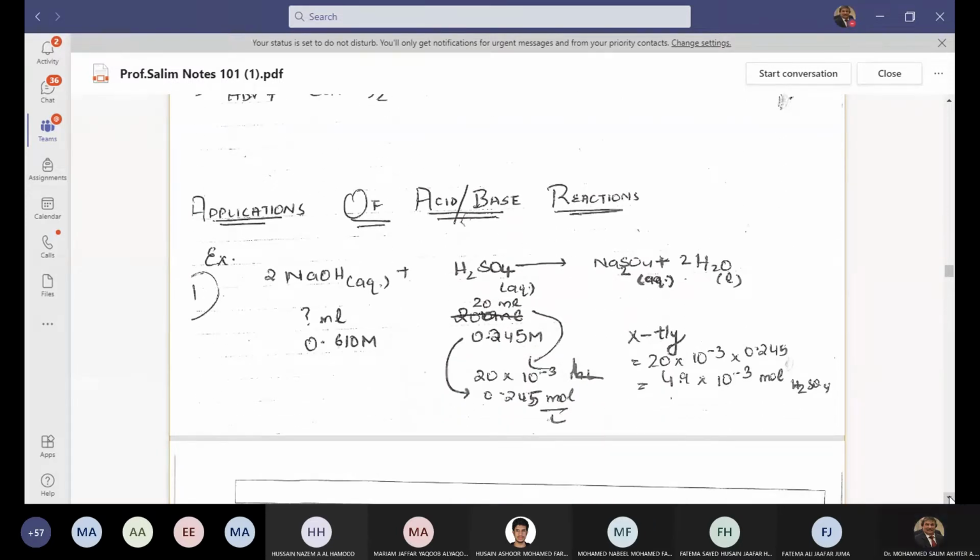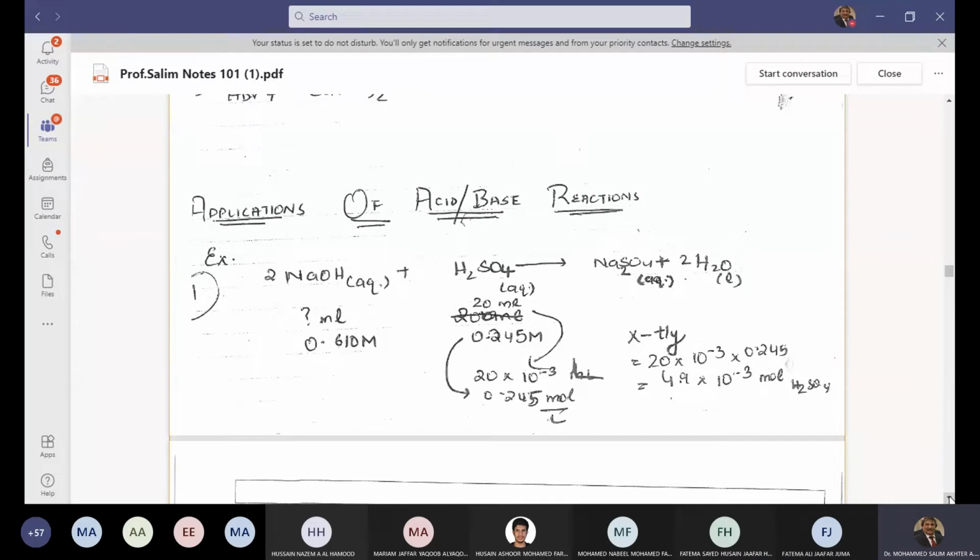Applications. In your lab, you have done acid-base titrations. Have you done any lab for acid-base titrations? It was last week. What did they put in the video? They put sodium hydroxide in the burette.